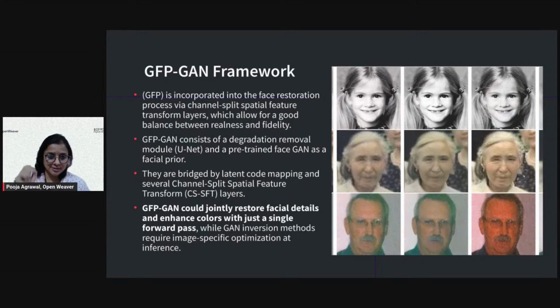If we are talking about this GFP, your facial prior algorithm, what it does is target your facial region or your face, and it tries to remove the degradation from the artifacts of the faces, the expressions, etc. They use the pre-trained GAN and spatial feature transform to restore your facial details with a single forward pass.